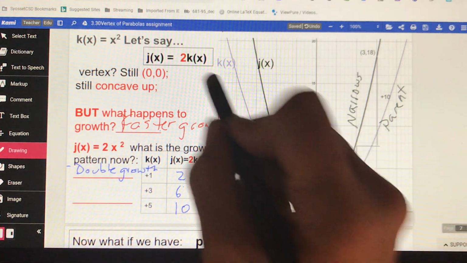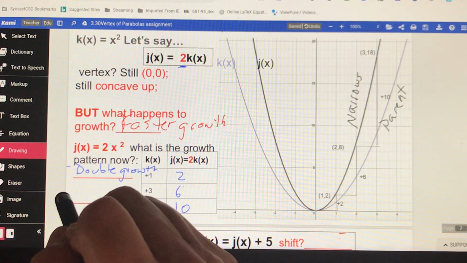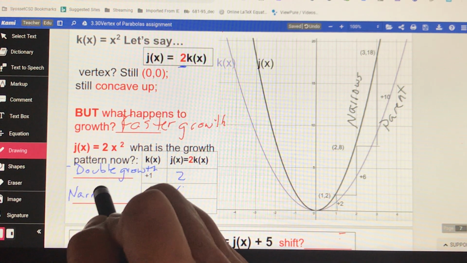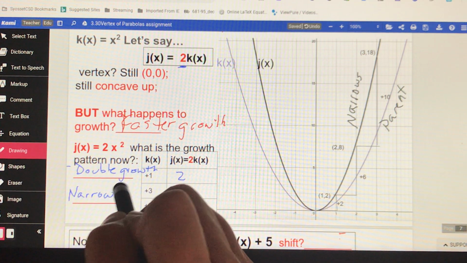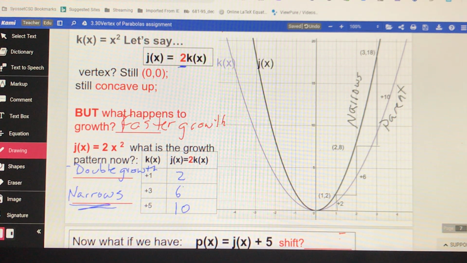And that makes sense because we did multiply the parent function by 2. But more importantly, the parabola gives the appearance of narrowing. So the parabola narrows. So if you see a narrow parabola, you know that the parent function must have been multiplied by a coefficient.